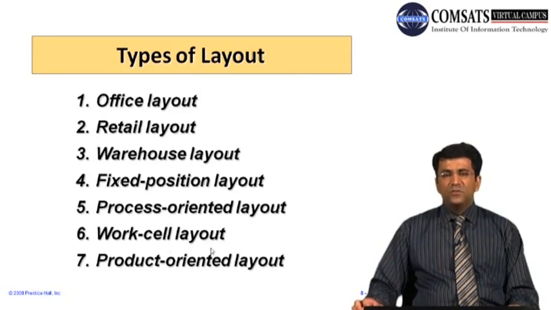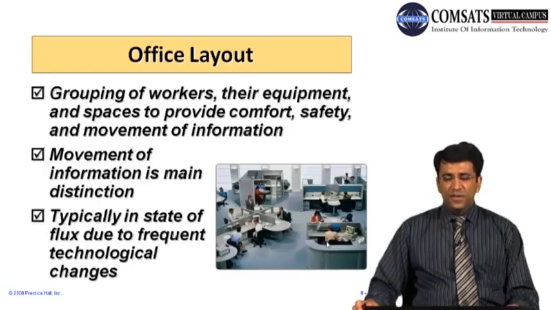Then work cell layout is usually meant for the production of a single product or a group of related products. Product oriented layout is another type of layout in which we are interested in repetitive or continuous production for identified products. So these are the different types of layout. Let's discuss these types one by one.